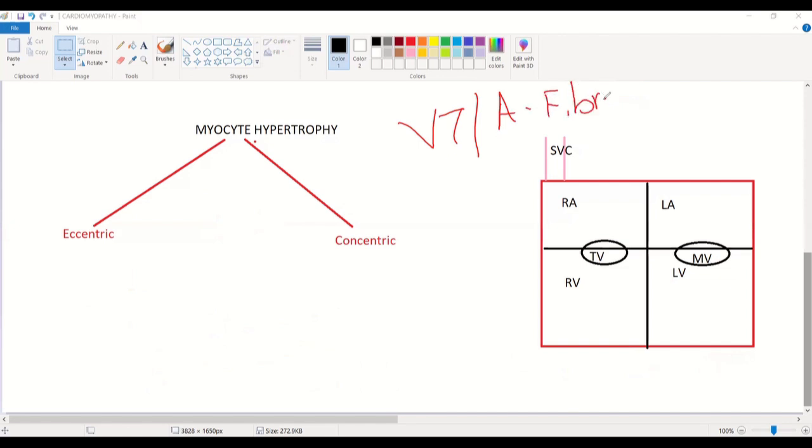So you can treat this patient with an ICD as well.